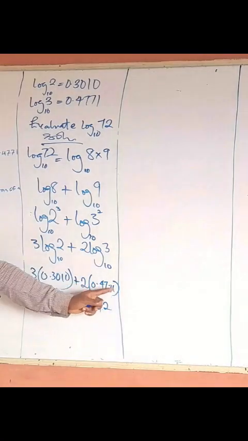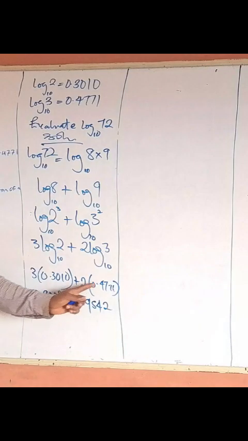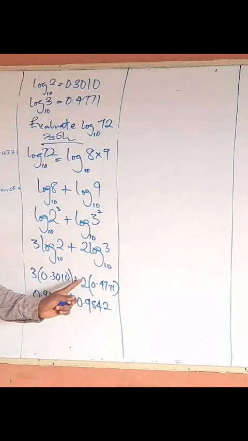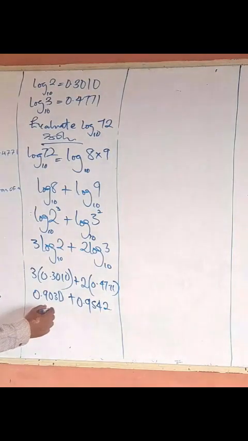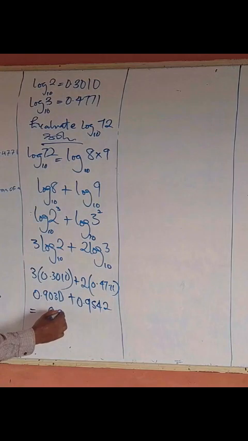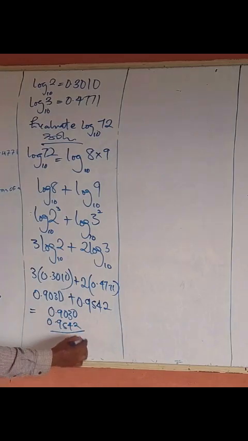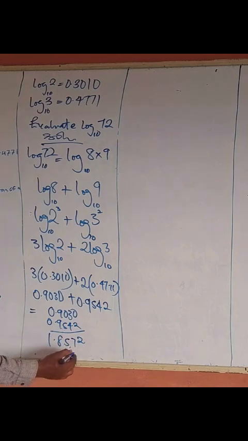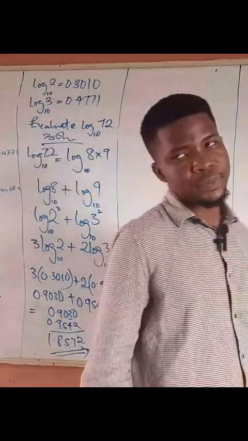Adding them together, 0.9030 plus 0.9542 gives 1.8572. That is our answer.